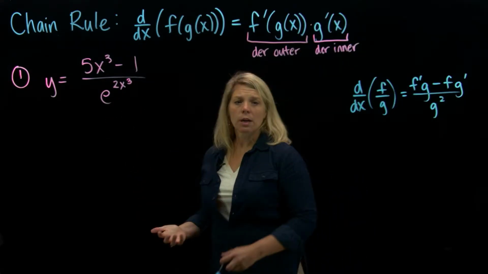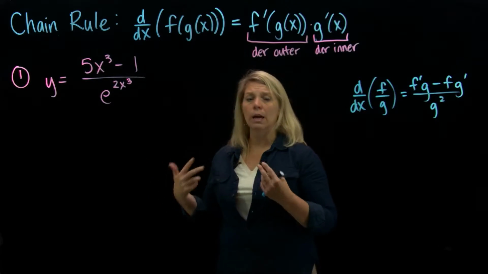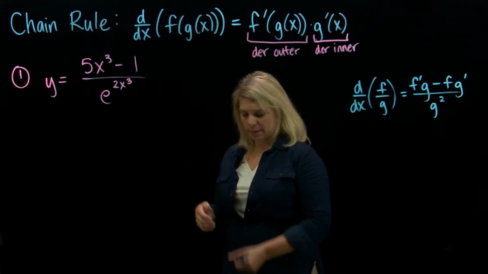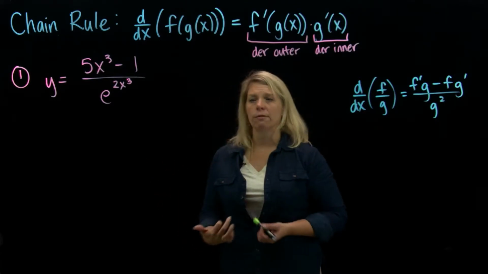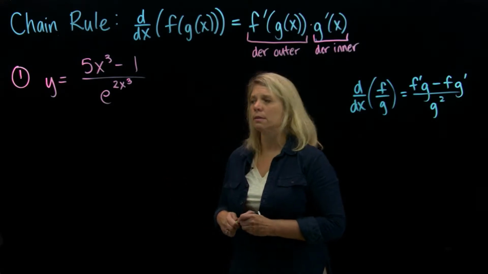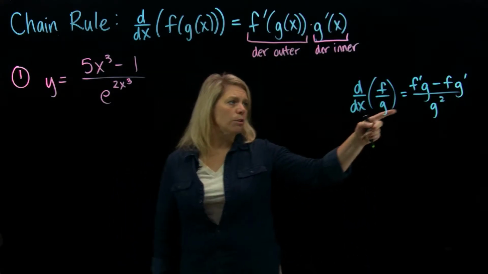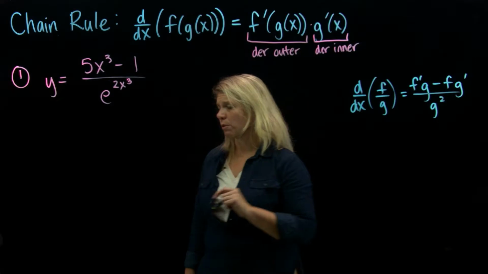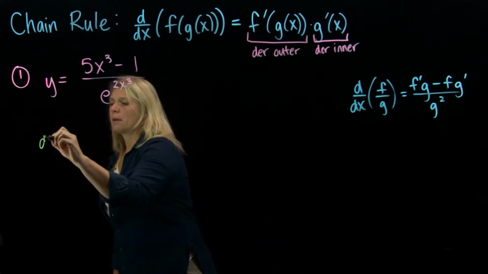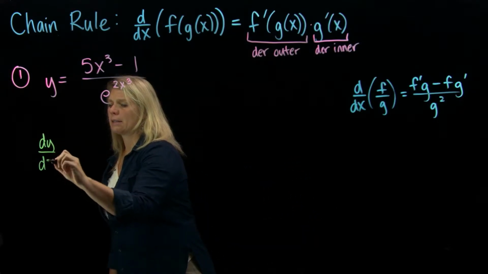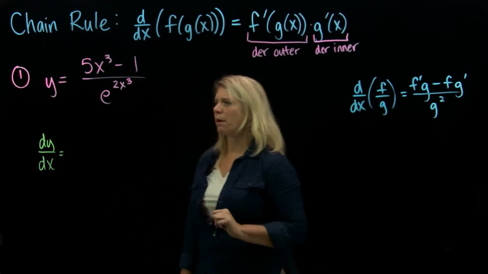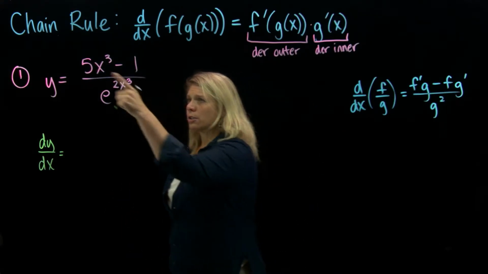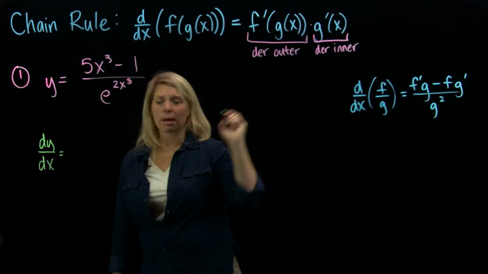All right, since we're going to be using two rules here, quotient rule and chain rule, my piece of advice would be to set up a structure for yourself and then fill in the pieces. So the overall structure of the problem is going to be quotient rule. So I'm going to set up some parentheses for that and some little labels to help me remember what I'm doing. All right, so I usually start by taking the derivative of the top. That would be our f prime.